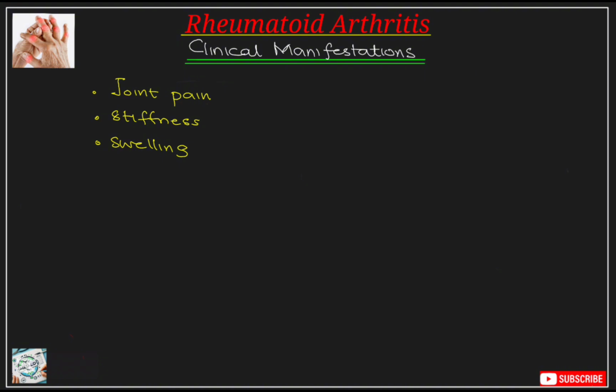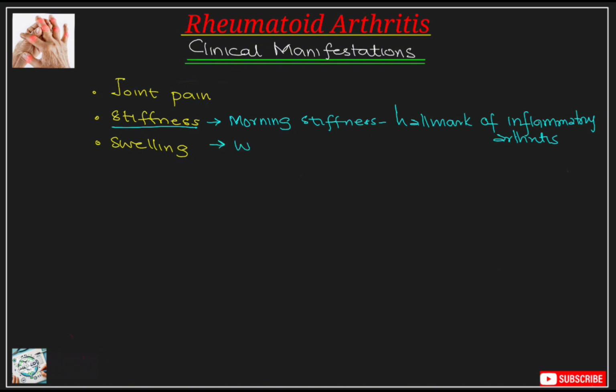Now, here's an important hallmark: morning stiffness. This is what really sets inflammatory arthritis, including the rheumatoid arthritis, apart from non-inflammatory arthritis. Patients often wake up with stiff, achy joints that feel locked up, especially after long periods of rest, whether it's after a full night's sleep or even just sitting still for a while.